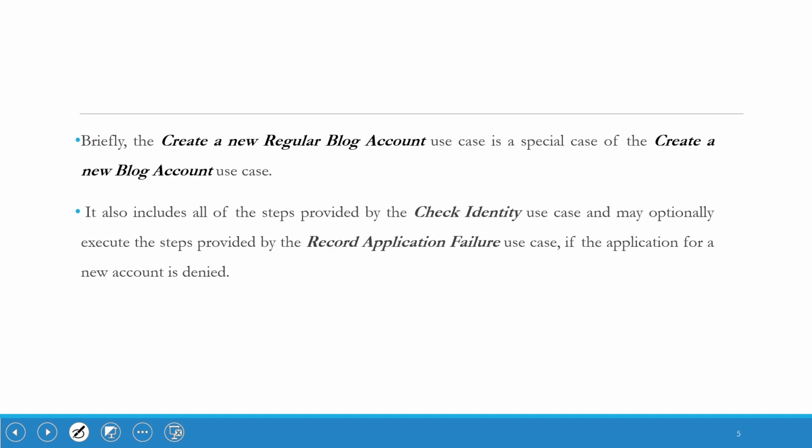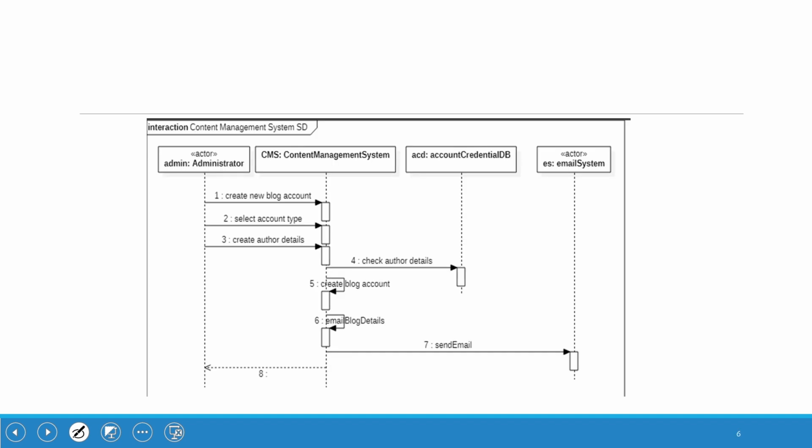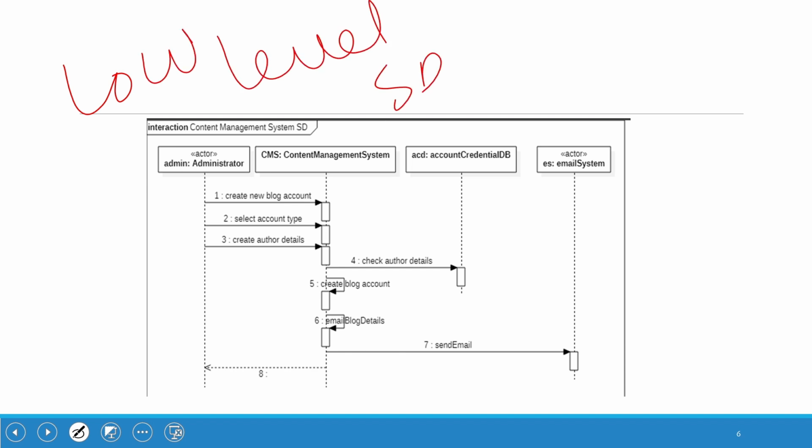It also includes all the steps provided by the check identity use case and may optionally execute the steps provided by the record application failure use case if an application for new accounts is generated. So this is the low level sequence diagram. The previous narrative, the previous steps, will be converted into the sequence diagram.